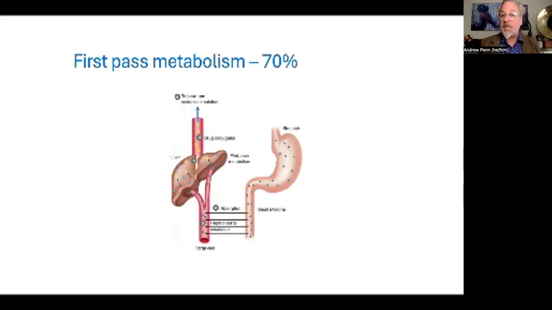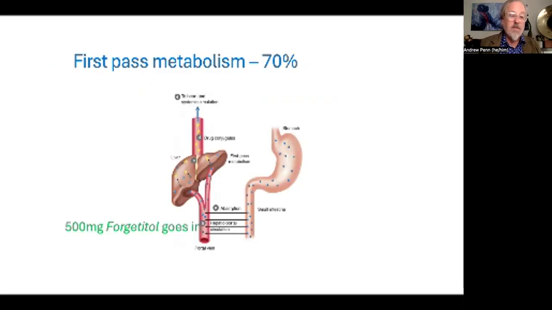First pass metabolism of this drug is 70%. So after it goes through the stomach and is absorbed into the portal vein, which then goes up into the liver, and then through the liver comes out into the systemic circulation of the inferior vena cava, 70% of this drug is taken out by first pass metabolism.